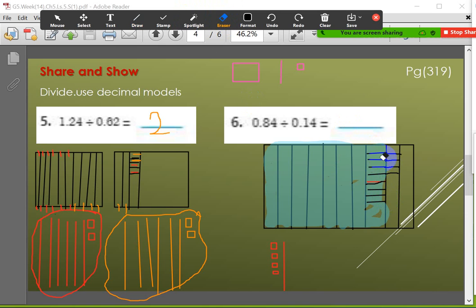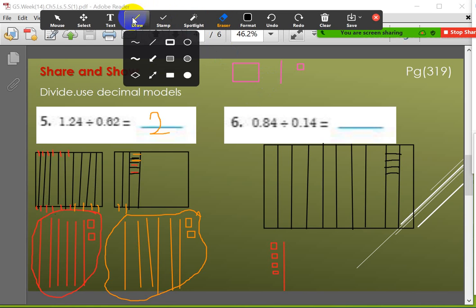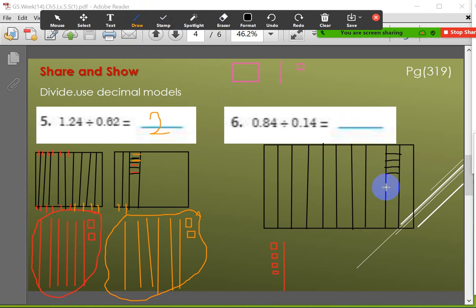Okay, I will draw it again. This is 1, 2, 3, 4, and 5, and this is 1.